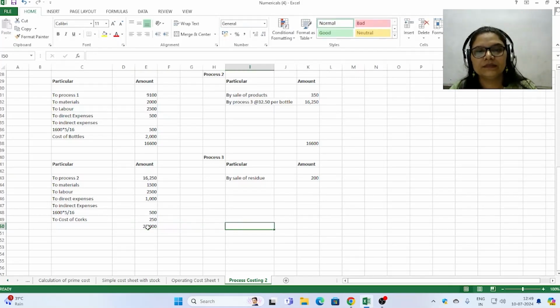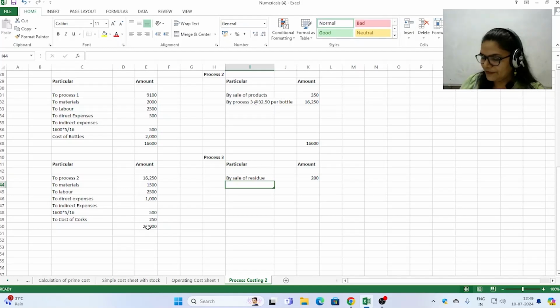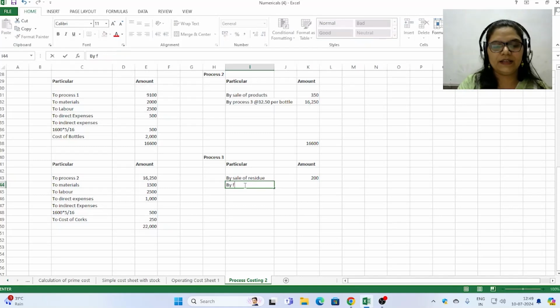Next is by finished stock account. Now there is no further process which has been carried on after this particular process.